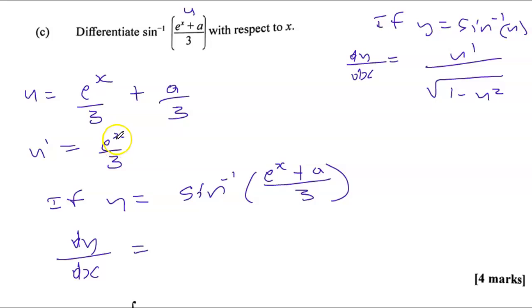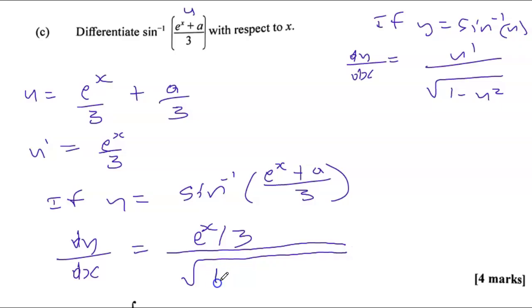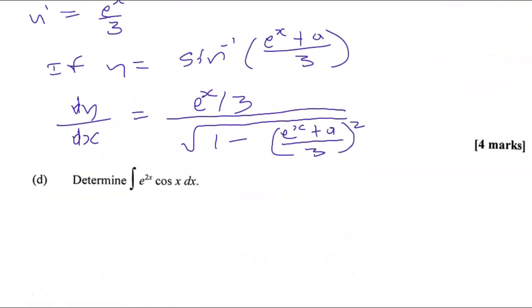That's 1/3 e to the x, or same as saying e to the x over 3, all over the square root of 1 minus u squared. So it's 1 minus the bracket squared, and the bracket is e to the x plus a over 3, all squared. And since we were not asked to simplify, we just leave it at that.